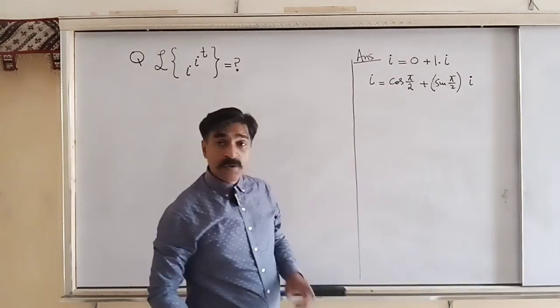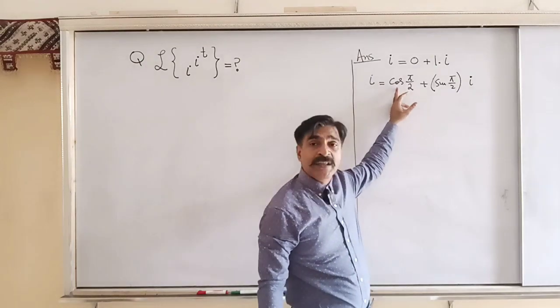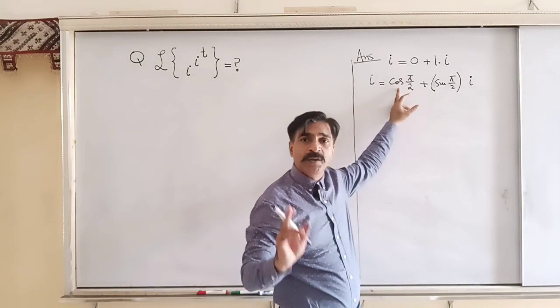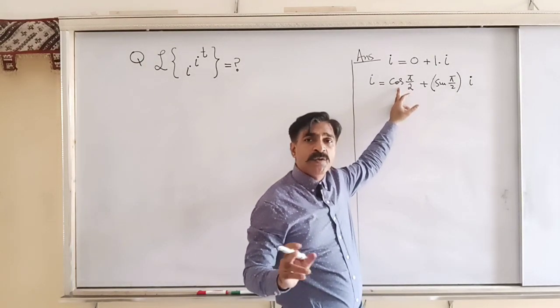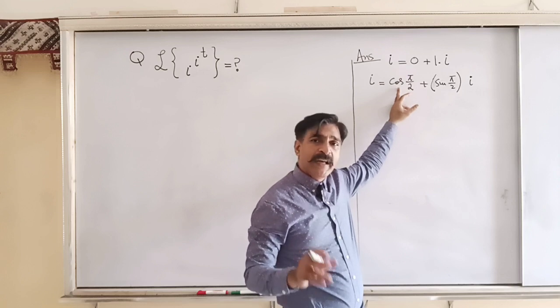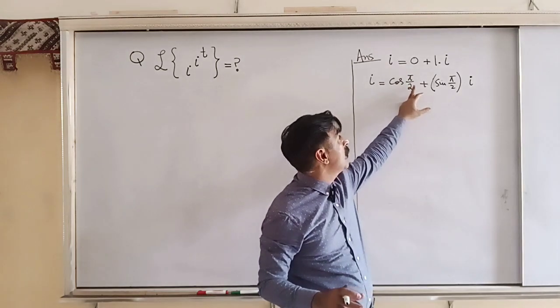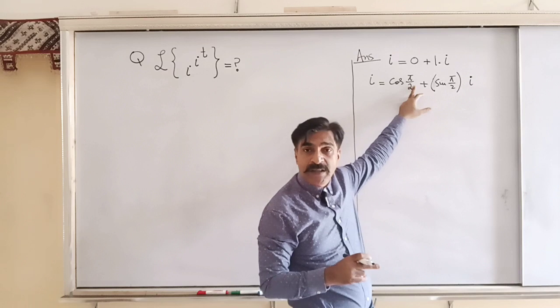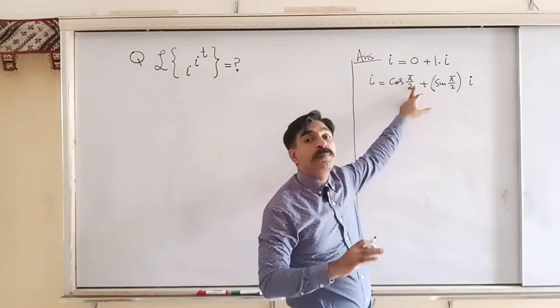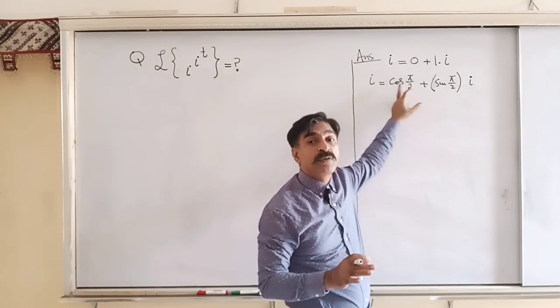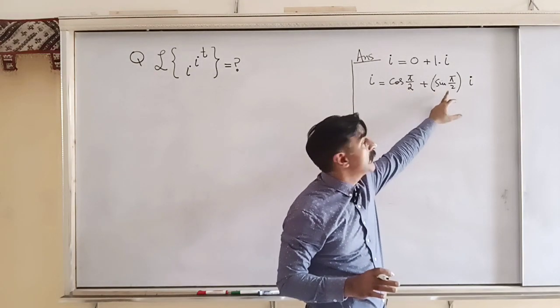Now, cosine function is a periodic function of period 2 pi, which means 2 pi, 4 pi, 6 pi, 8 pi, if added or subtracted from the argument pi by 2, would make no change in the value of cosine function. Similar reasoning for sine.